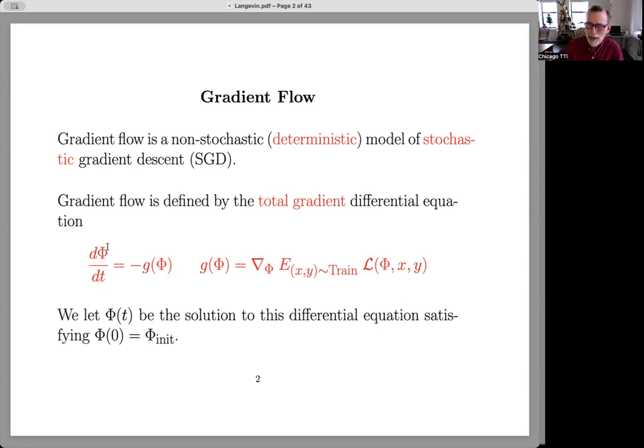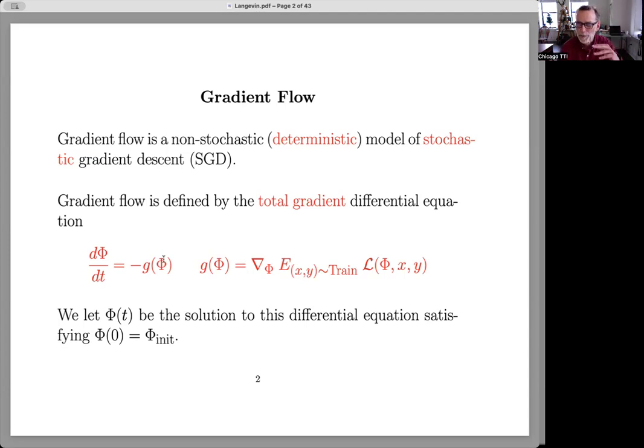So if you think of the model parameters as living as a point in a vector space, there's going to be a derivative, which is a gradient direction in that vector space. And we're going to take the gradient direction to simply be the gradient of the loss function in the model space. So we're going to be moving along the gradient of the loss function continuously and smoothly, and that is a differential equation.